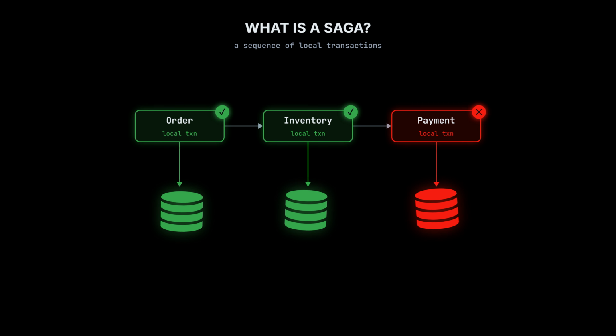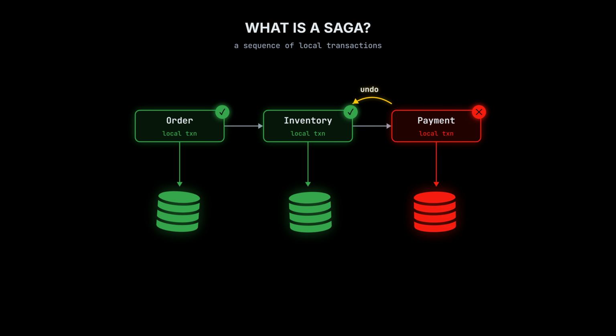But if a step fails halfway through, we don't panic. We walk backward and undo each completed step using what we call a compensating transaction. And I want you to catch this one word because everything in this pattern depends on it. Not rollback, compensation. That one small distinction, that's the whole pattern.